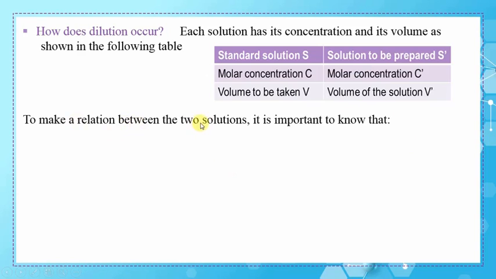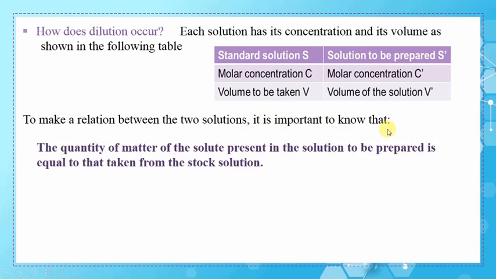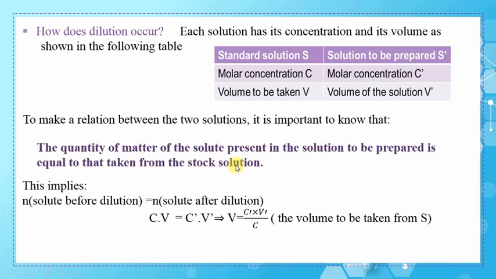To make a relation between the 2 solutions, it's important to know that the quantity of matter of the solute present in the solution to be prepared is equal to that taken from the stock, the initial solution. This implies that the number of moles of the solute before dilution equals the number of moles of the solute after dilution.